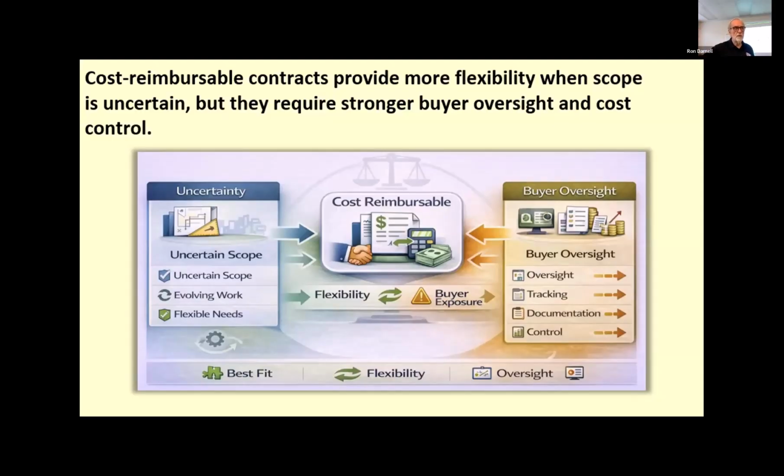So it requires more transparency on the vendor side. The project team needs to make sure there's clear oversight and progress towards deliverables. Without all that, flexibility can turn into uncontrolled cost growth and weak accountability and downstream concerns.